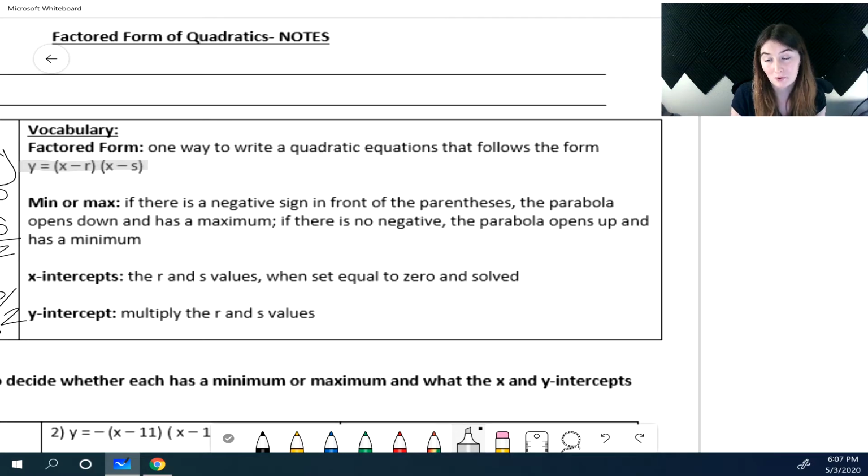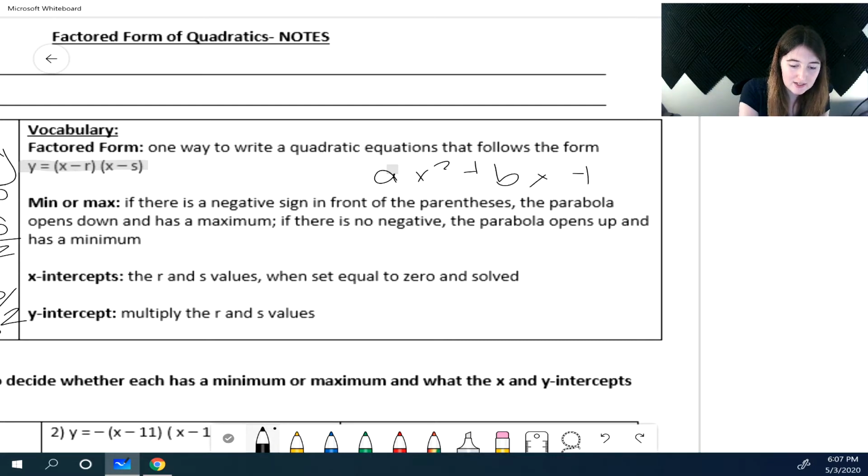This is factored form. So remember, standard form is that ax squared plus bx plus c. Well, we're now factoring out this ax squared plus bx plus c, and we're getting x minus r, x minus s.